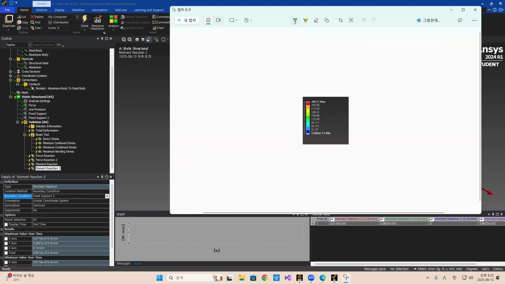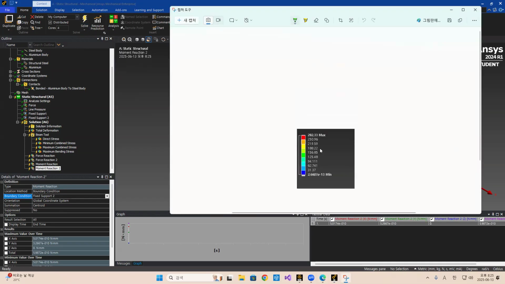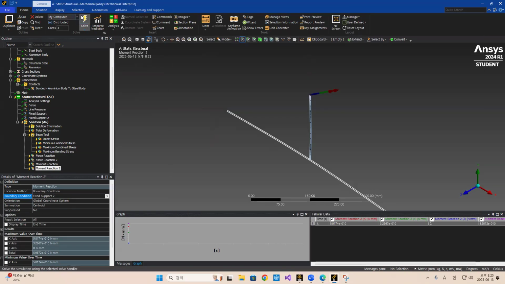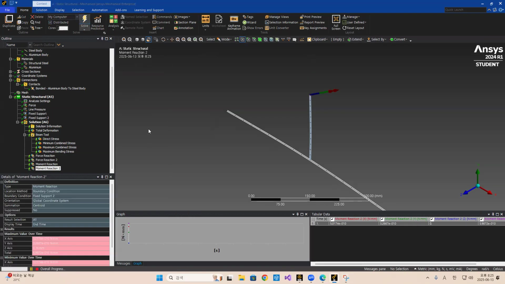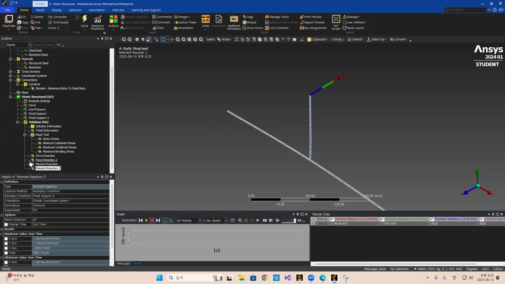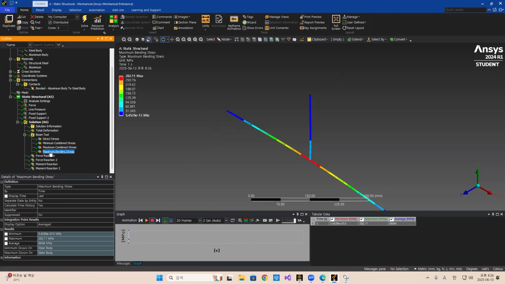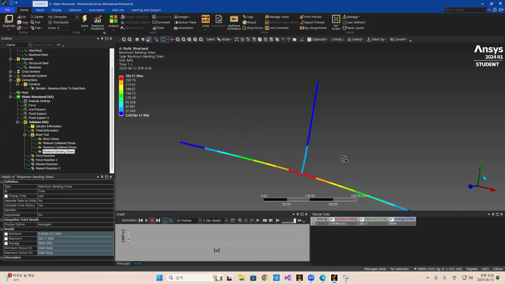So we got around 282 when we applied the pinned joint. Considering fixed support, you will get almost the same result, because the beam is long enough.